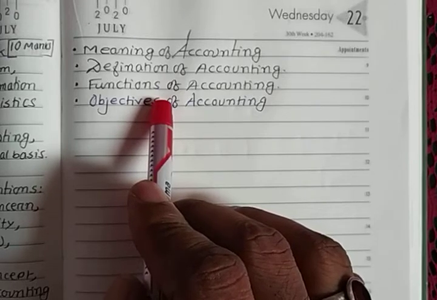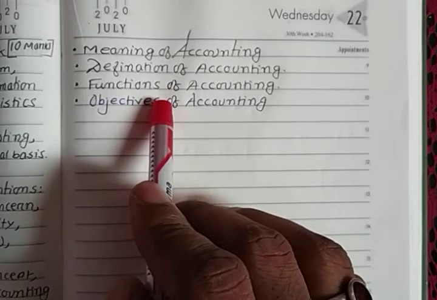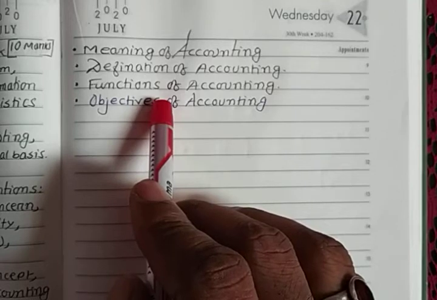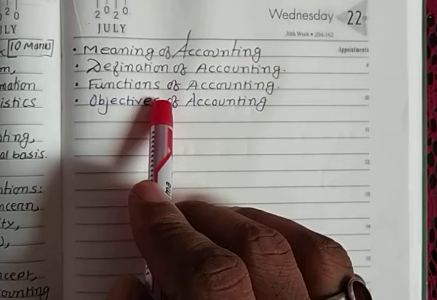Financial position means balance sheet. Performance means result, that is, you have to prepare the trading account and profit and loss account, right? So this is the performance.